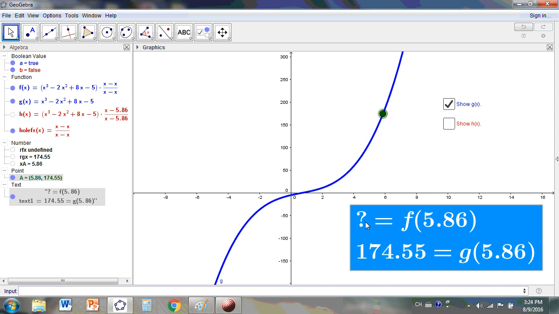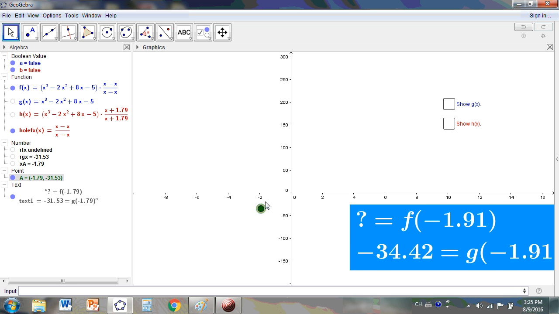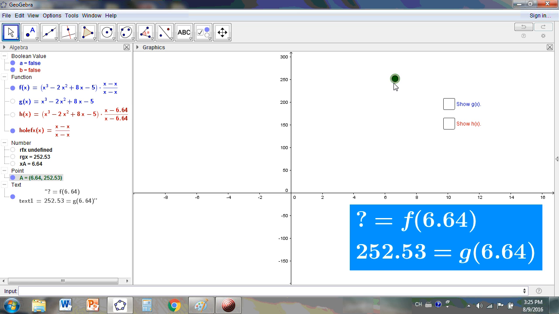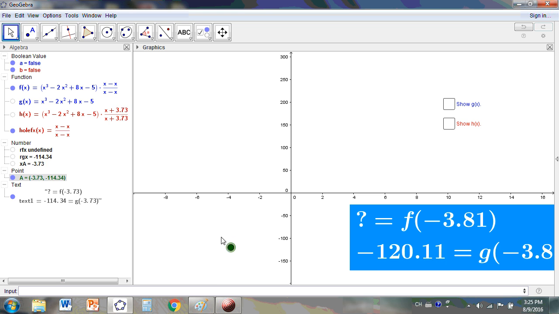Now obviously it's never defined as f of x, because f of x is this function. Okay, f of x is the function that's multiplied by x minus x over x minus x, right? In other words, it's nowhere continuous and everywhere differentiable.